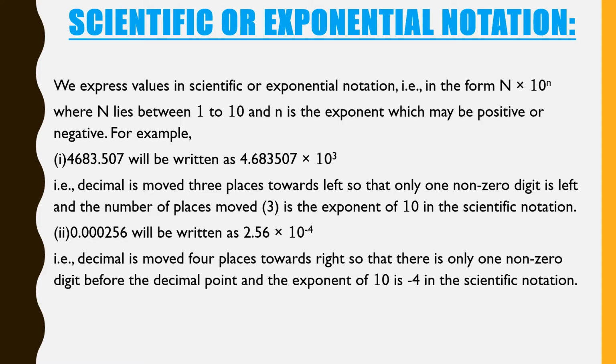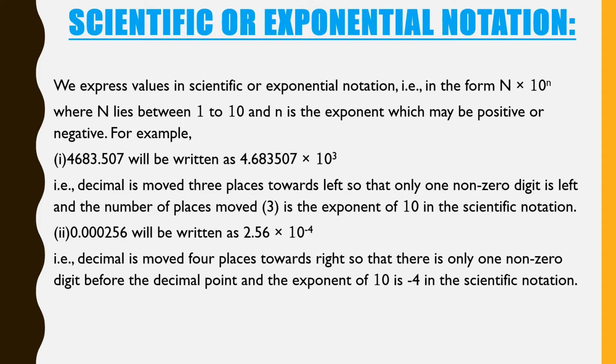Similarly, the mass of a hydrogen atom is equal to 0 point, so many zeros, and then around 1.66 grams. Representing the values in this manner is not convenient, meaning writing so many zeros is not convenient.